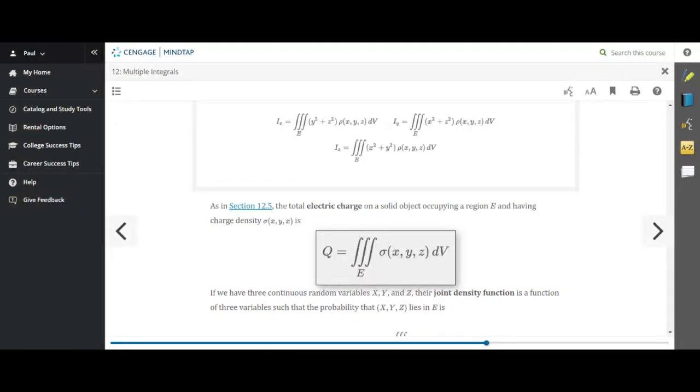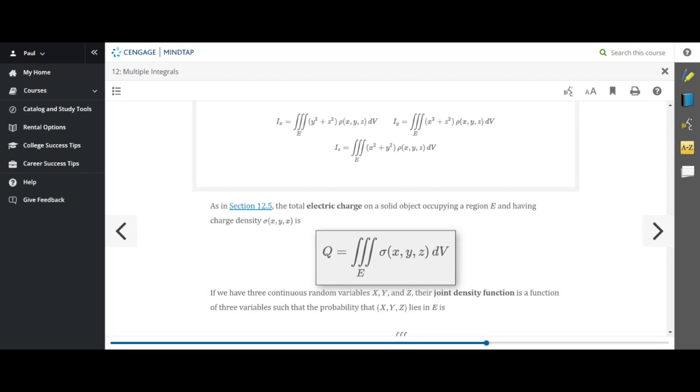Back in section 12.5, example 1, finding charge by integrating charge density, you had the charge distributed over a triangular region. Well, now we're having total electric charge distributed over a solid E.